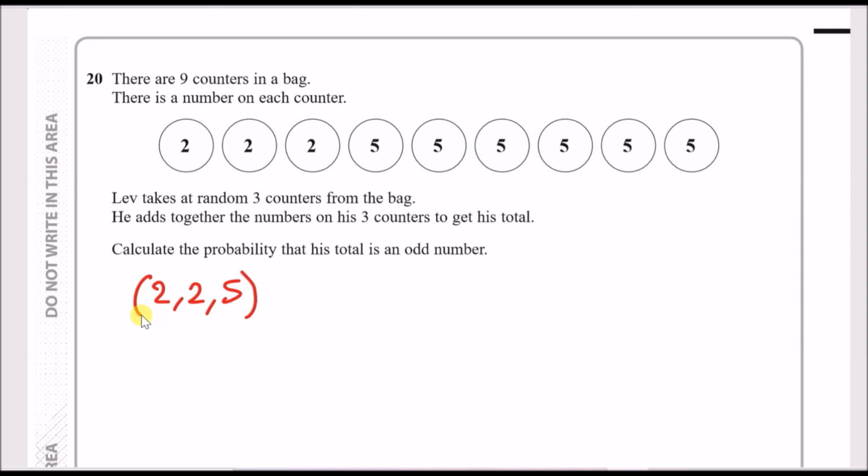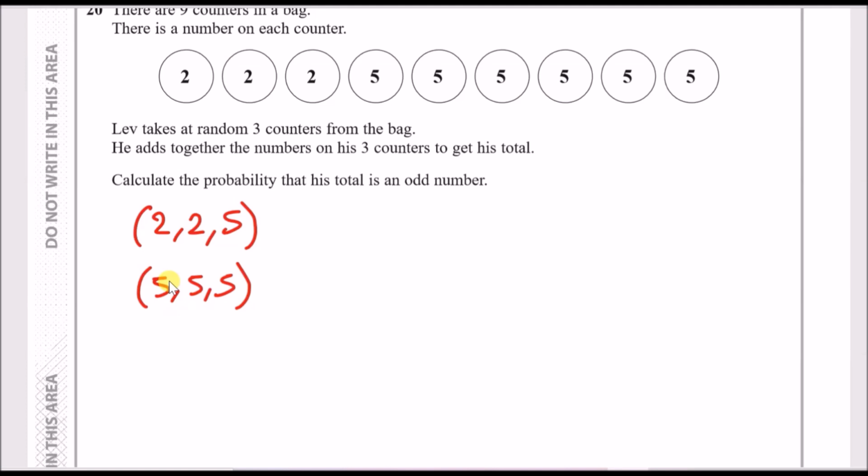That's an odd number. You could also do 5, 5, 5. Yep, that's an odd number. What else do we have? 2, 5, that's even, that doesn't count. So we keep testing it. 2, 2, 2, that's even. Yeah, I think that's it. There's only 2 possibilities. Perfect.